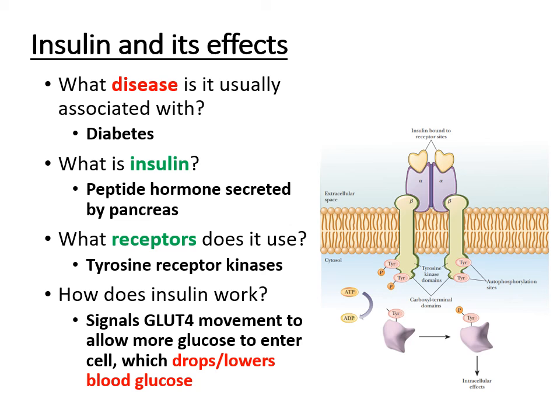And then once it's part of the cell membrane, this protein is able to allow more glucose to enter the cell. And if the glucose is entering the cell, that means it's getting removed from the bloodstream. So it is lowering the blood sugar levels. Okay, and that's what insulin is most famous for. And failure to have proper glucose transport is the main characteristic and the main risk associated with diabetes.